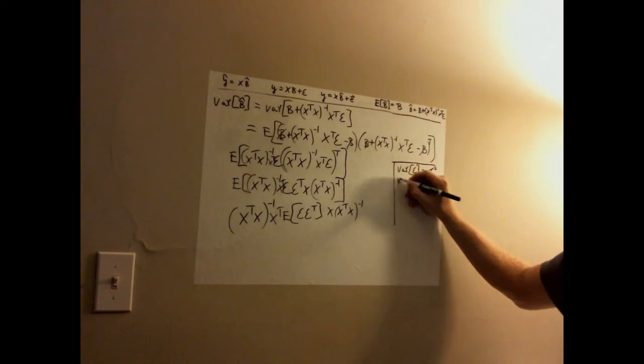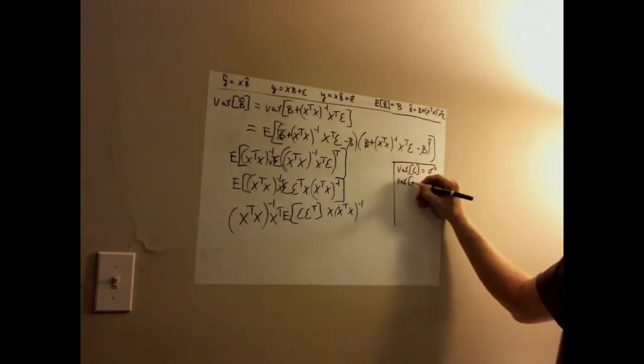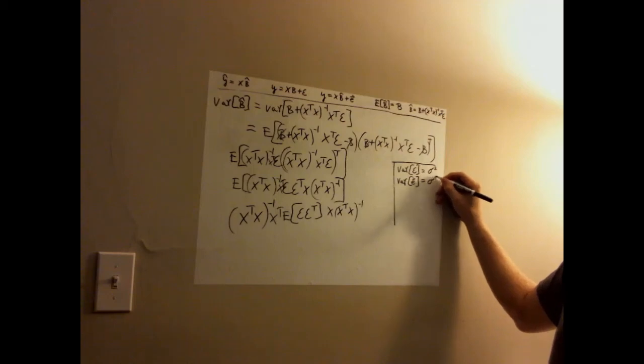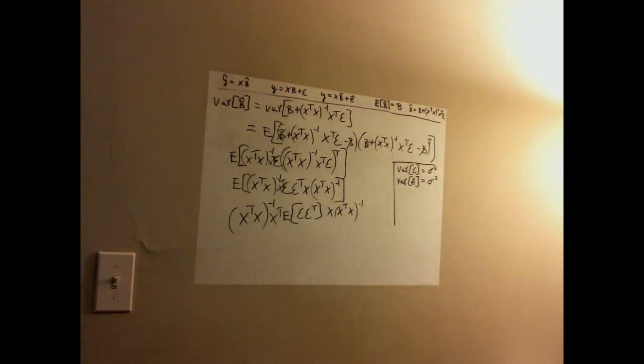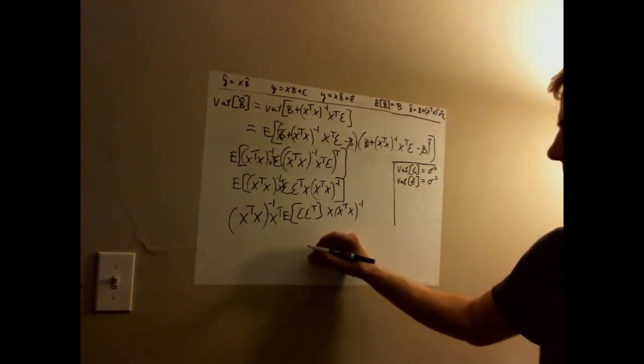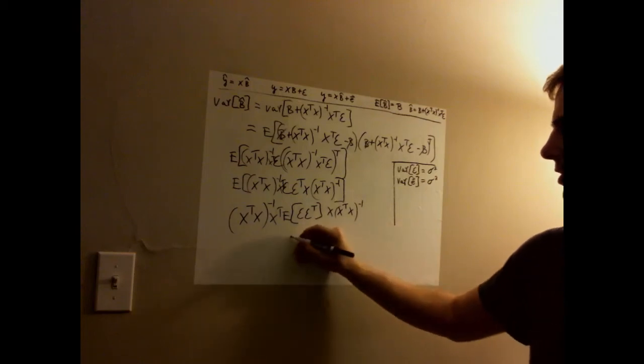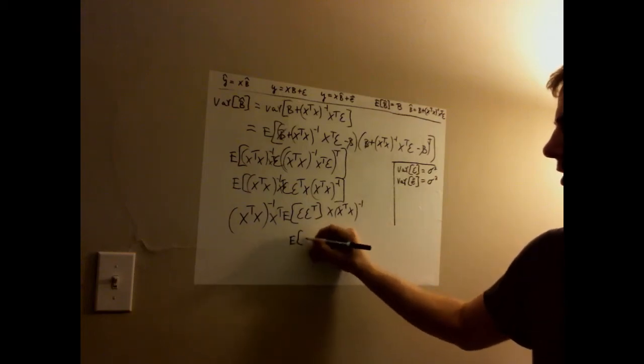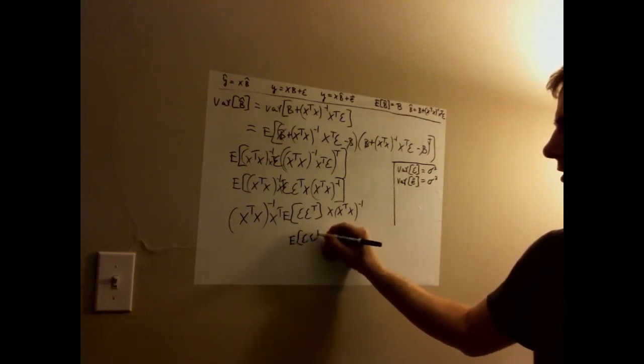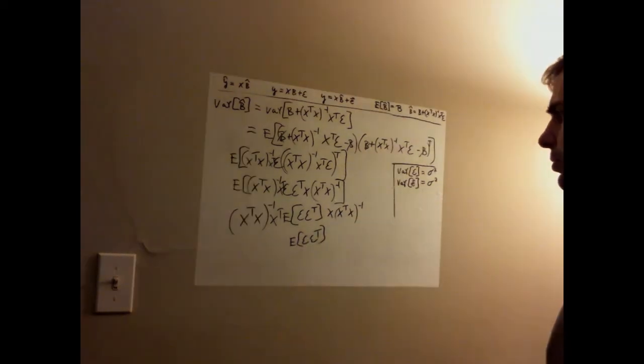I mean, we won't use this one here, but I'll introduce it anyway: the variance of the error vector e is also equal to sigma squared. How this comes into play is, well, maybe I can just write it out here. We have the expected value of eta eta transpose.